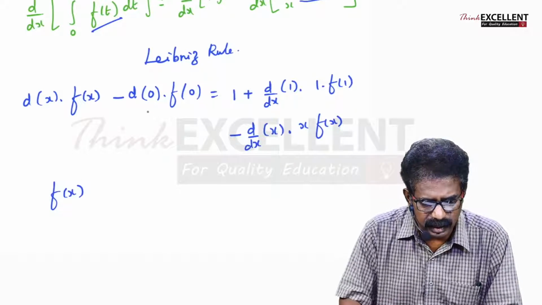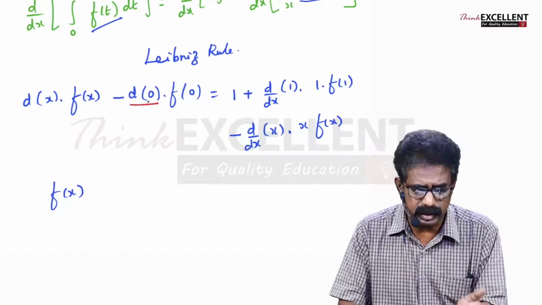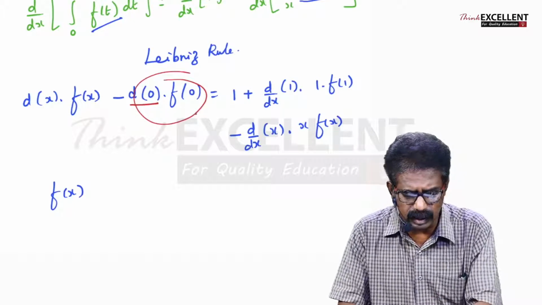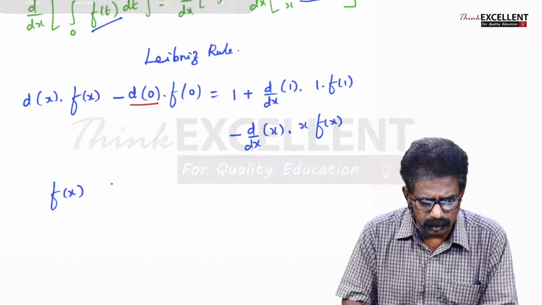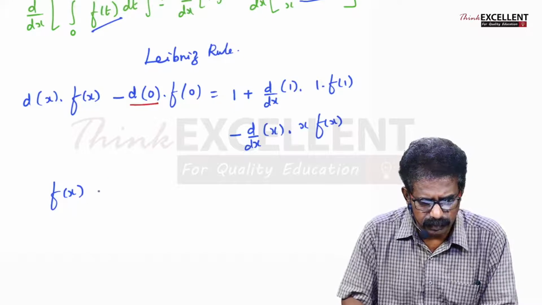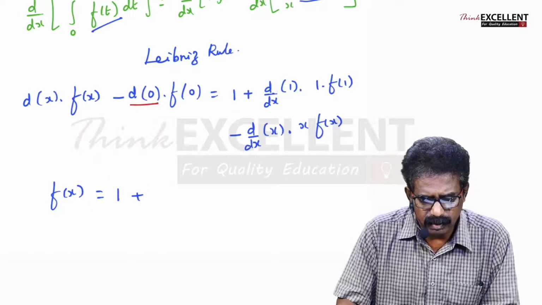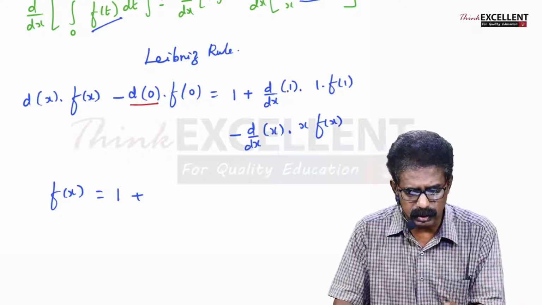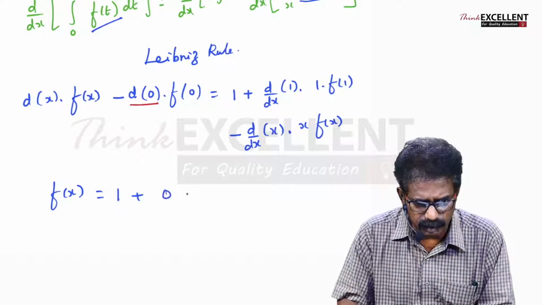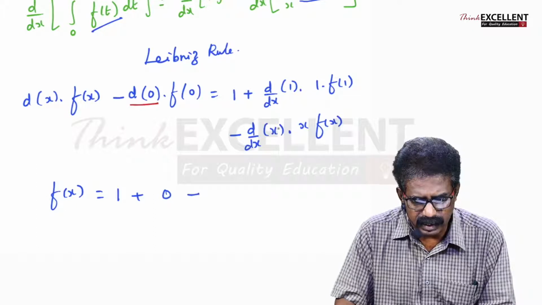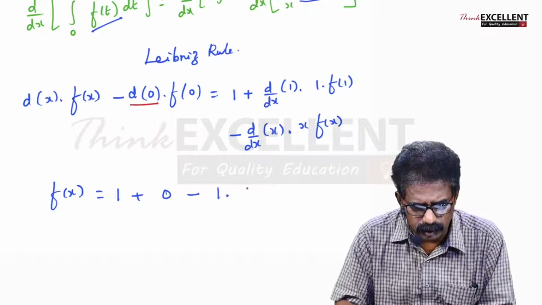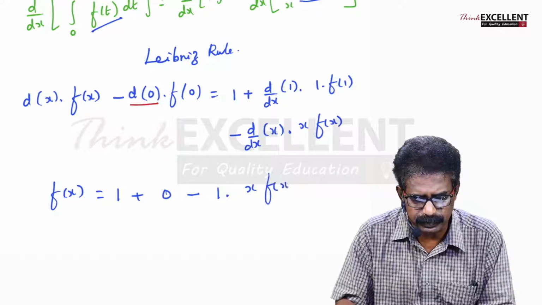Derivative of a constant, derivative of 0, is 0. 0 times anything, that part is totally 0, leave it. The right side is 1 plus the derivative of 1, the derivative of a constant, is 0. So 0 times anything, that part is fully 0. Minus the derivative of x is 1, 1 into x of x.